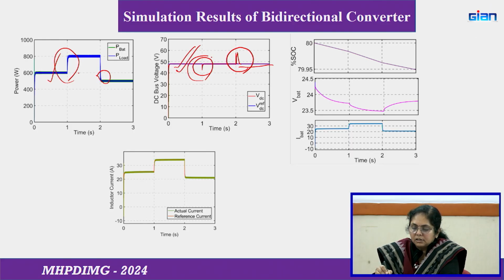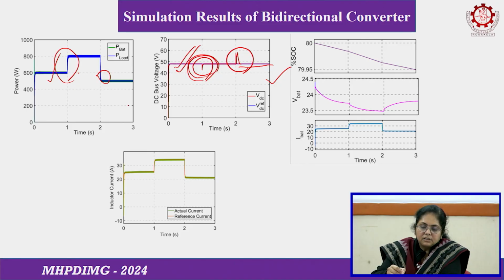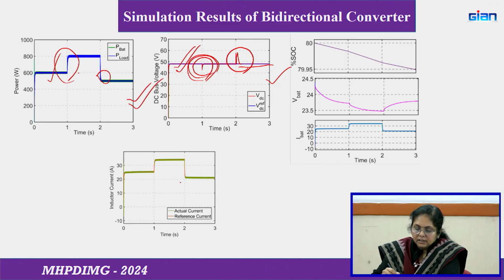The controller is tuned in such a way that it is very well regulating the bus voltage at 48 volt. And this is the DC bus voltage waveform, this is the corresponding load power waveform, and this is the inductor current waveform.